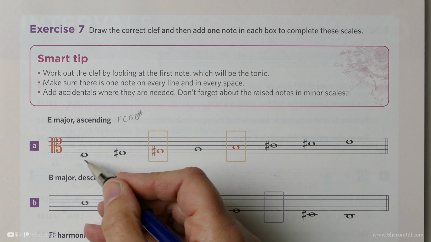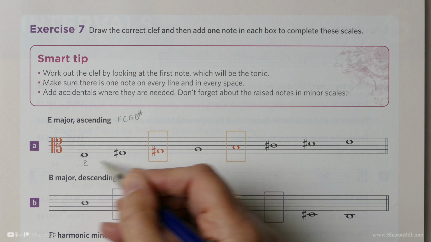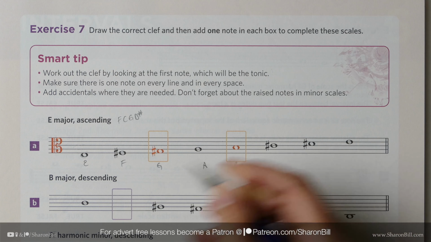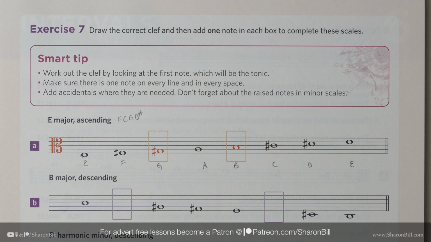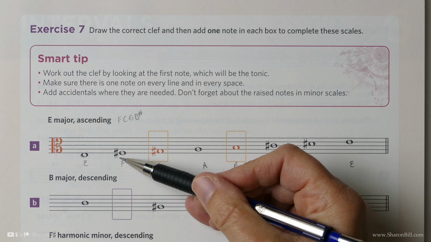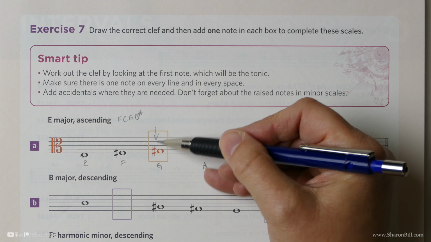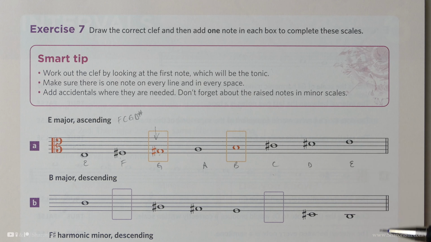And so if you're not very comfortable with the clef, just sketch out the letter names. We're going up. So if we're ascending, we can just write them out. We haven't got to go backwards. So we want F sharps, C sharps, G sharps. So it would be our responsibility to make sure to add that sharp, and then D sharps there. And for a major scale, that's simply that.